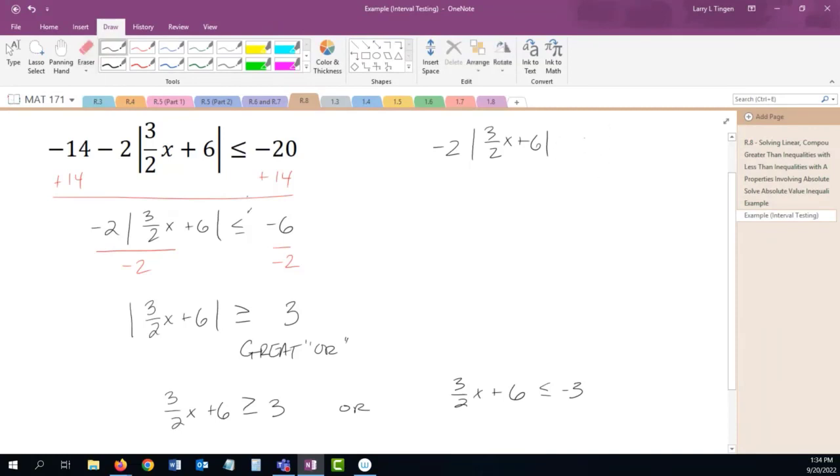To get our answer, what we need to do is take -14 and then subtract 2 times the absolute value. It's sitting over there in the same way that if I wrote -14 minus 2x is less than or equal to -20, solve for x, it's the same idea. That 14's over here. Everything with the absolute value stays. Everything else goes. That's why I add 14 to both sides.